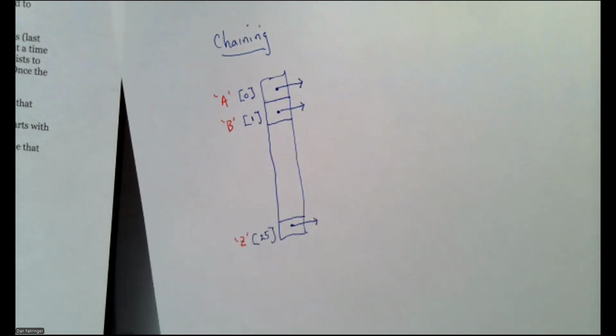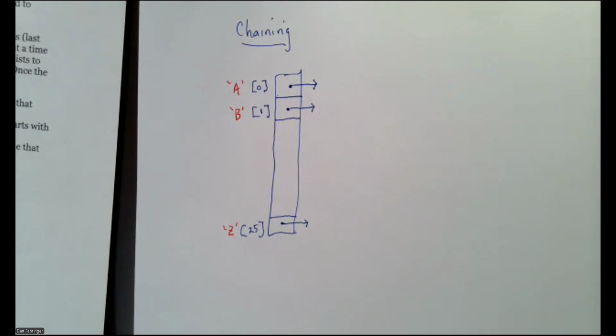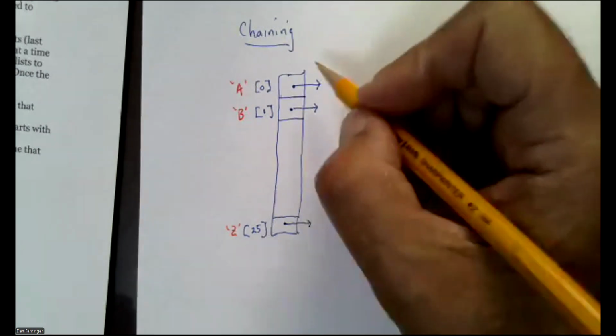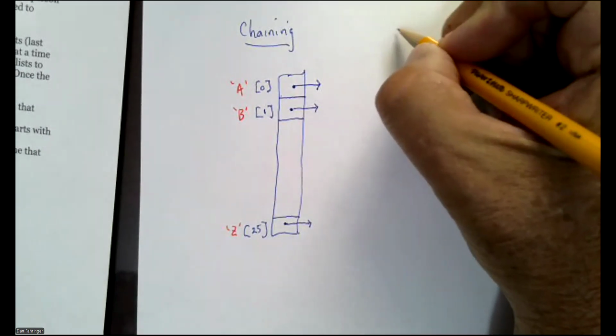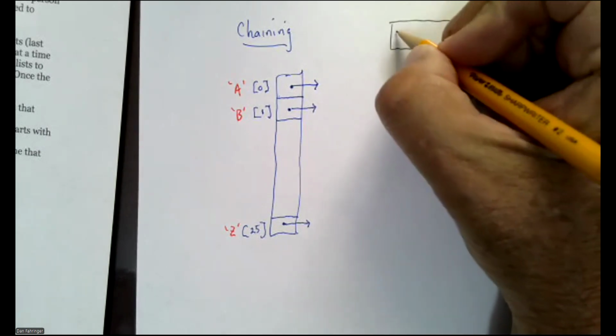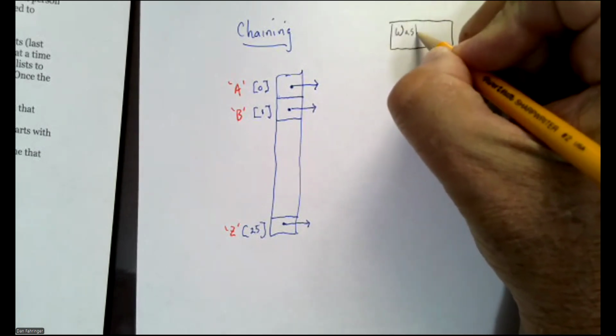Who was the second president? Good, Nicodemus. You said John Adams, right? So the first node that I created would be Washington, George.